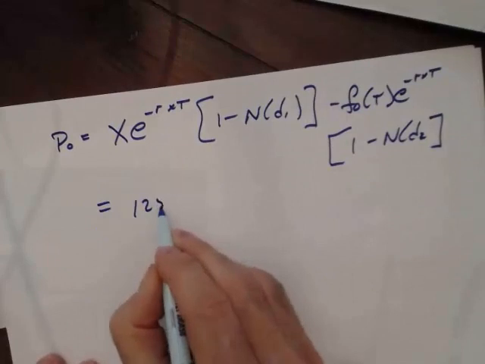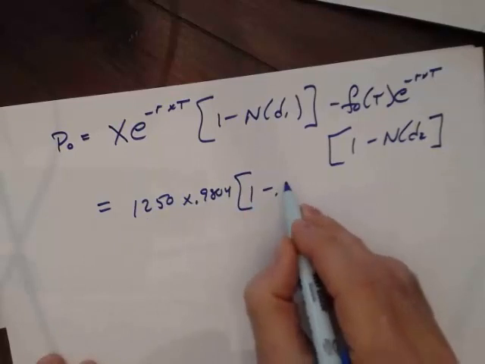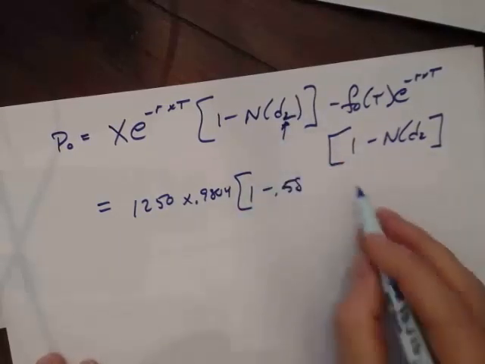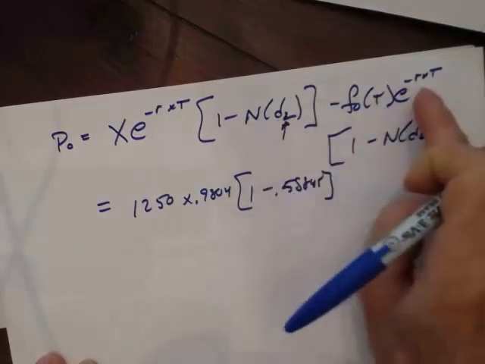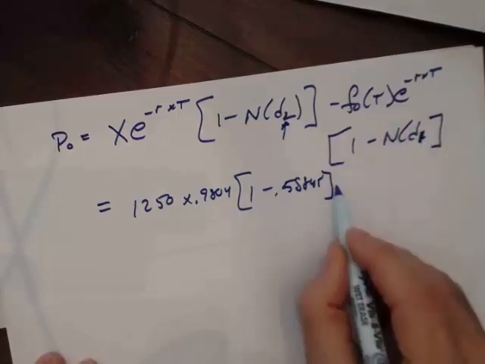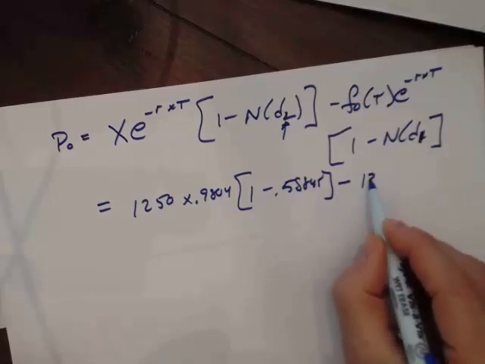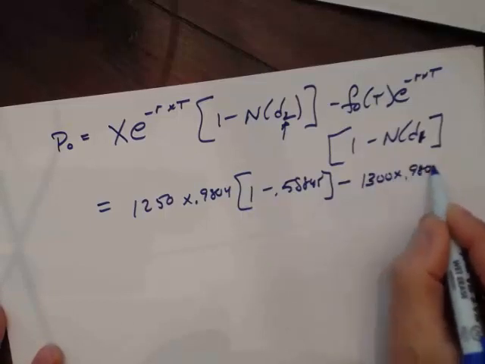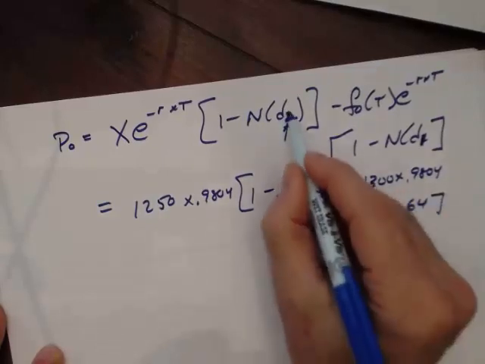And so that's 1250 times 0.9804 times 1 minus 0.58845, this being N(d2), make sure that's a 2 there, the same N(d2) from the call, and the same N(d1) from the call, there should be a 1, minus the 1300 times 0.9804 times 1 minus 0.64. So remember, this is the 2 and this is the 1.